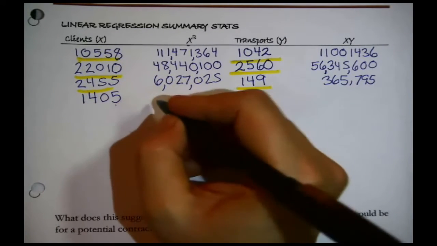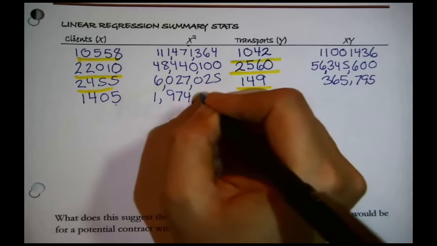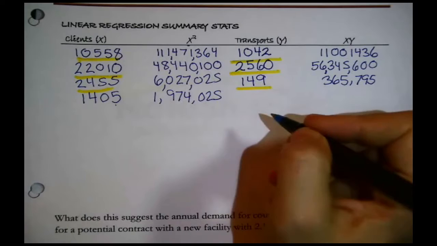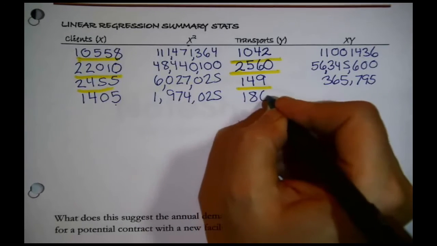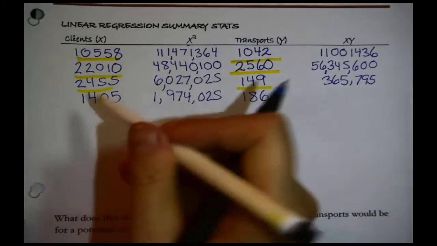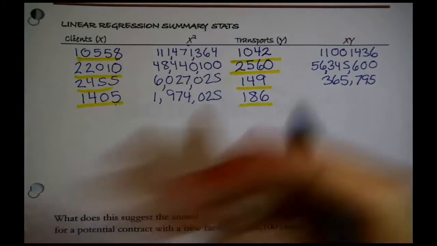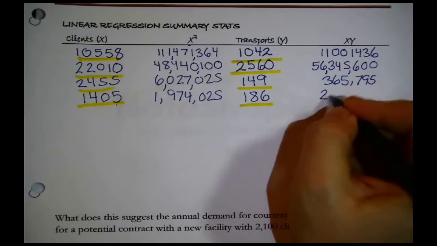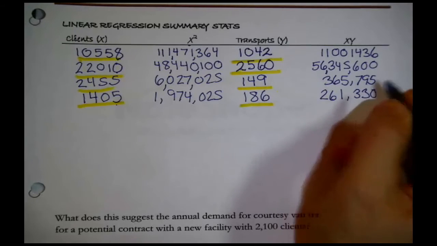Square that. All right, 1,974,025. Okay, number of transports from the data. Well, that was just 186 for the fourth contract. Fine, what is this number, the x, times this number, the y? I get 261,330.